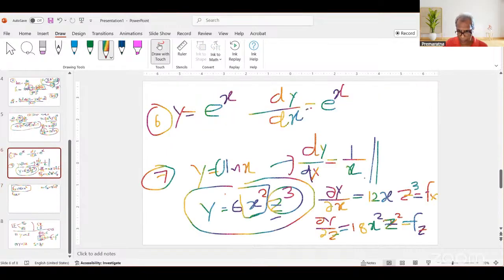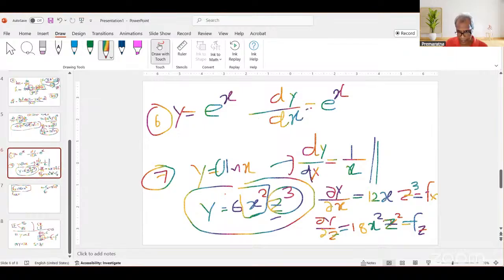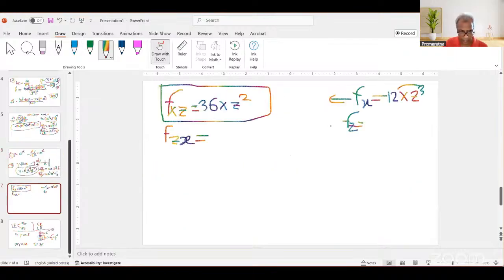When you differentiate with respect to z, we got the answer from the previous slide, 18 x squared z squared. Now we have to differentiate this equation with respect to x.